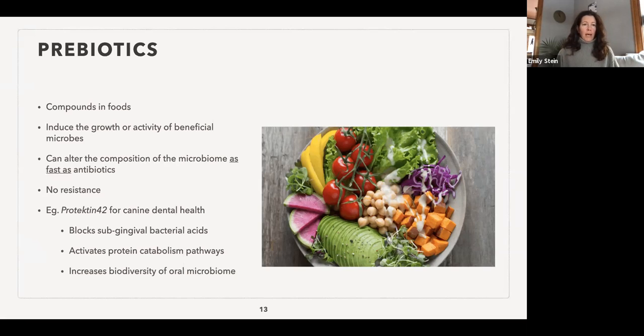So the data on prebiotics, like I said, are still emerging, but they've been shown to selectively have the ability to grow or activate certain beneficial microbes in an existing biofilm to empower them to grow. And this can dramatically alter the composition of the microbiome, honestly, as fast, if not faster, than antibiotics.